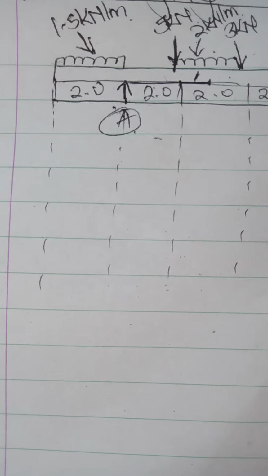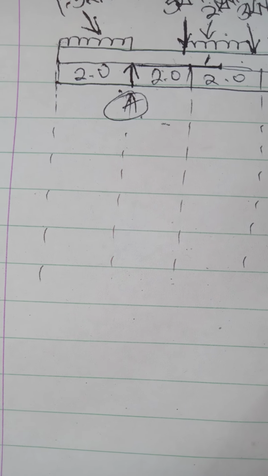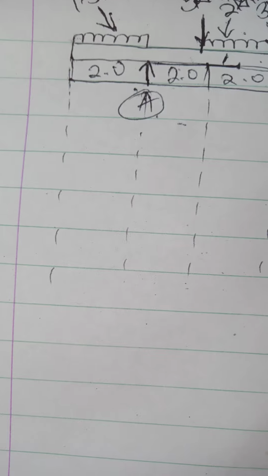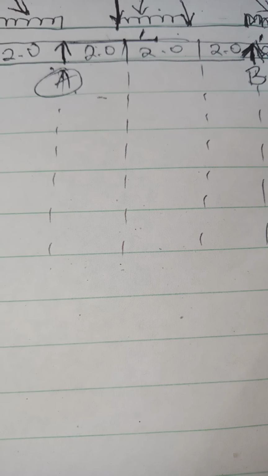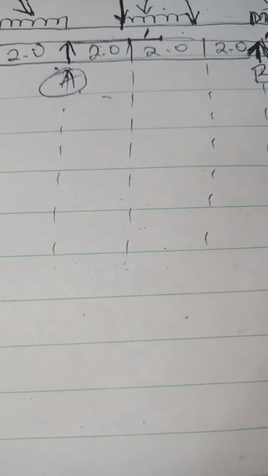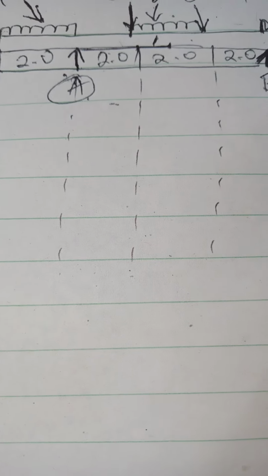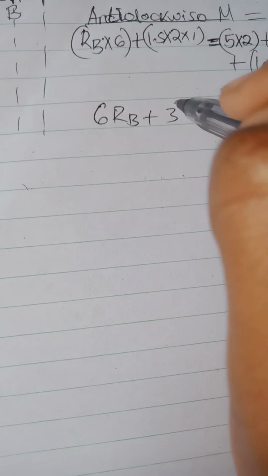So it will be 1.5 times 2 times half the distance taken upon. So in our maths we'll have 6RB plus 3 is equal to 71.